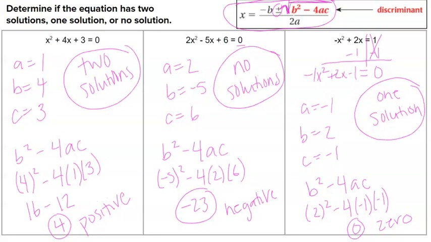That would give us two different values. We're adding and subtracting 0, which gives us that same value. So that's why there's only one solution when our discriminant is 0. Using the discriminant just helps us better understand that quadratic equation and understand what can give us different solutions for our quadratic equation.